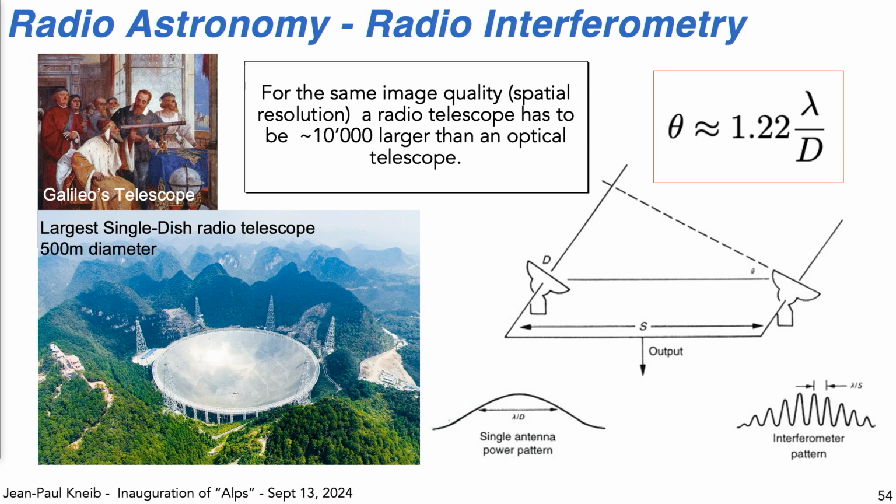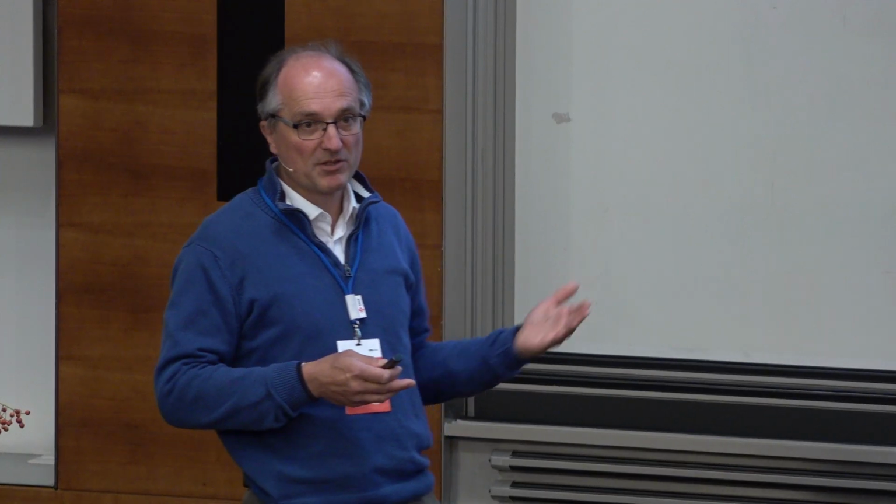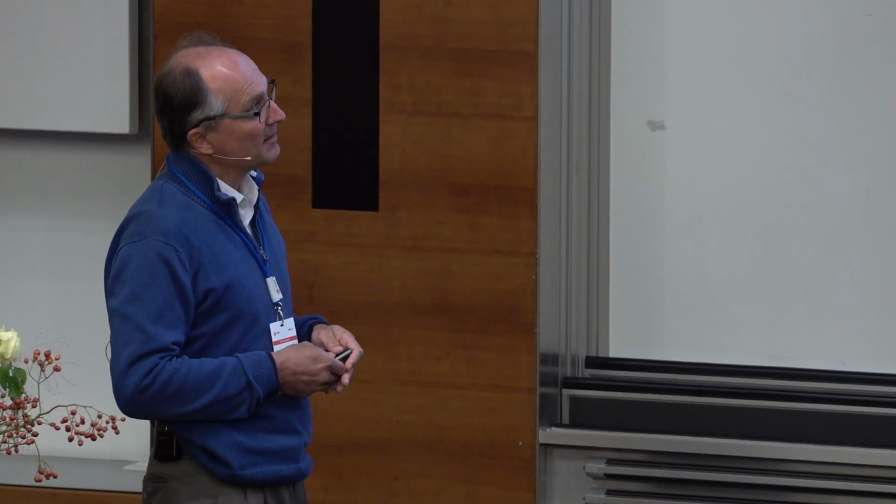But of course, just because of optics, you are very much limited in radio waves. Why? Because the image resolution you can get from radio waves is very poor. There's the formula that you see on the top right that gives you the resolution in arcseconds of a signal with a wavelength lambda and a telescope diameter d.